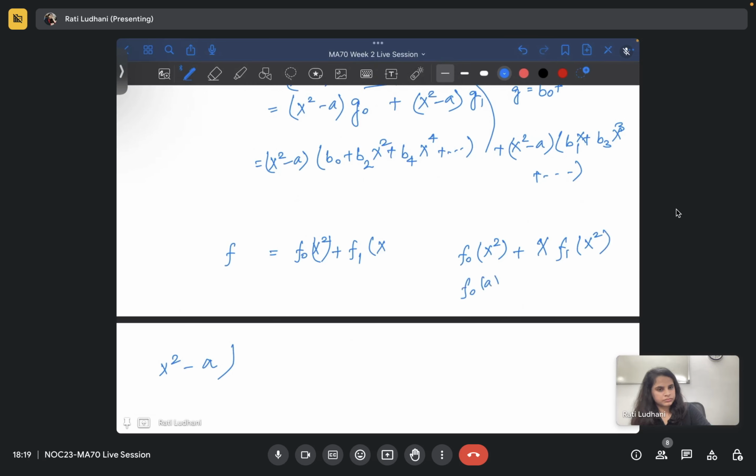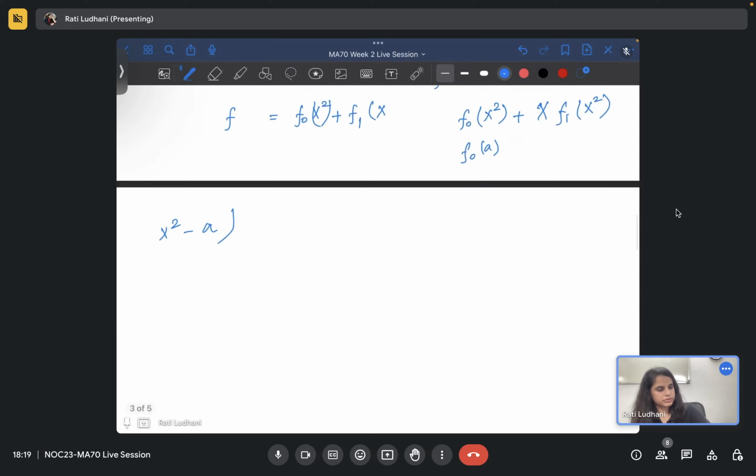So one way is clear now. Yeah, exactly. This is one way, of course. So you have f of x. You write f0 of x square plus x into f1 of x square. How are you writing? Because you just take a0 plus a2x, you have this term.